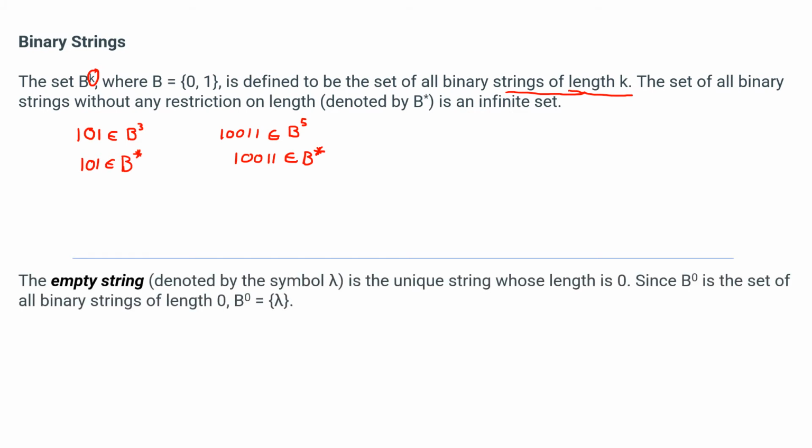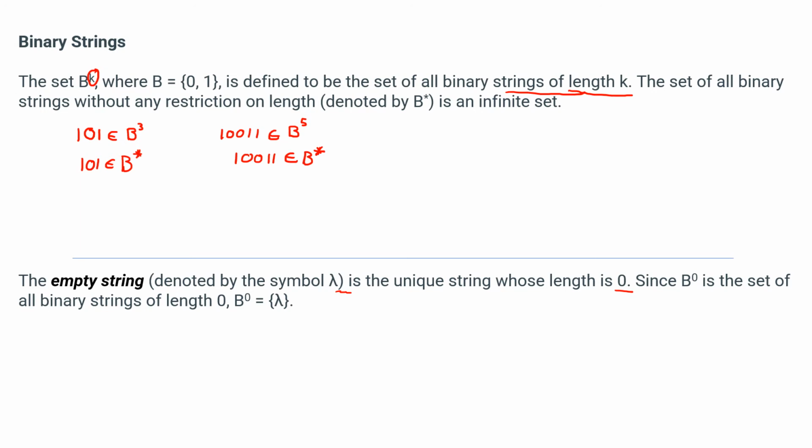Now, we're eventually going to be able to define this recursively. Because of that, they're going to talk about something called the empty string, which is just nothing there. And they're going to denote that by lambda here. Okay, so they say the empty string denoted by lambda is the unique string whose length is 0. So it's really an empty string. It's just literally nothing's in there.